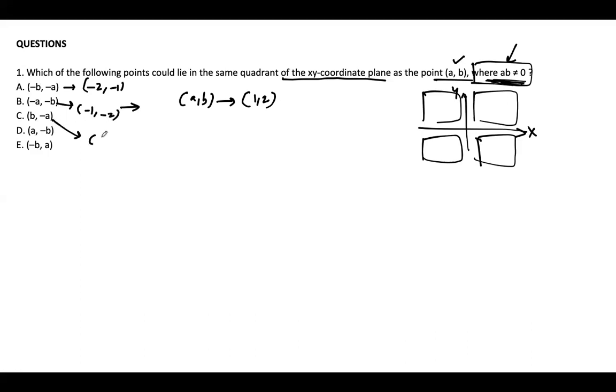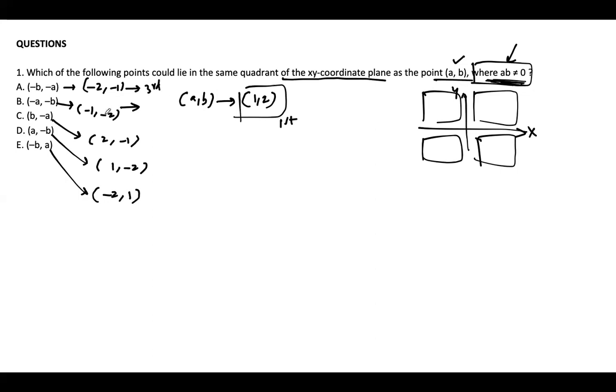What will be B, -A? 2, -1. What will be 1, A? -2. And this will be -2, -1. So this lies in which quadrant? Fourth quadrant. This lies in which quadrant? Third quadrant. -B, -A, third quadrant.